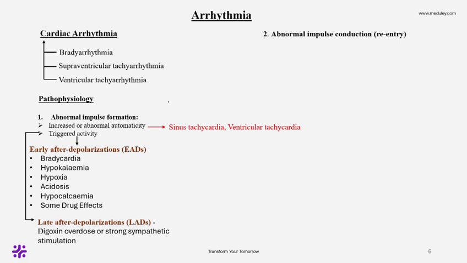But the impulse is still able to pass around that blocked area and find another route, and that route, which is also called re-entry, will form a loop, and through that loop the impulse will move, then again return back to the tissue.